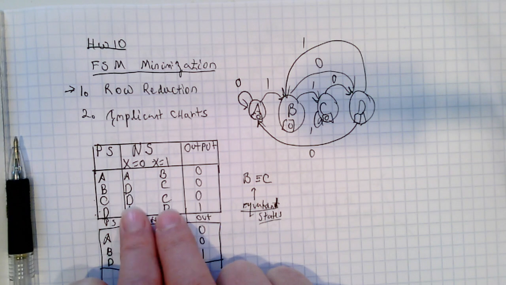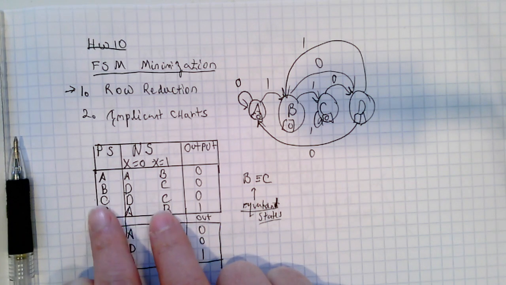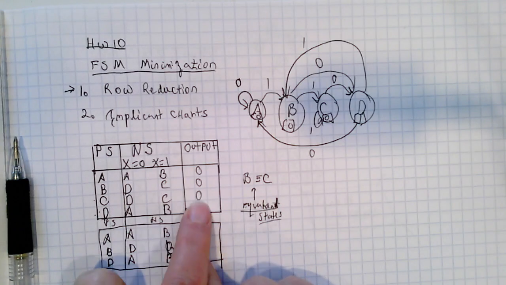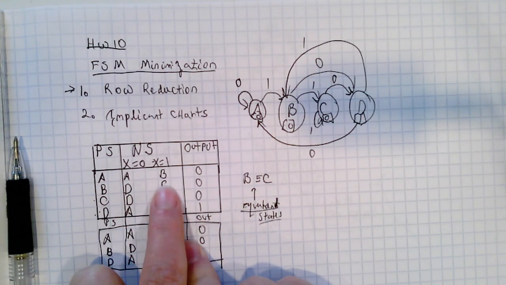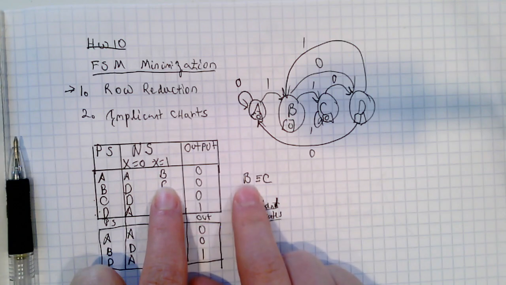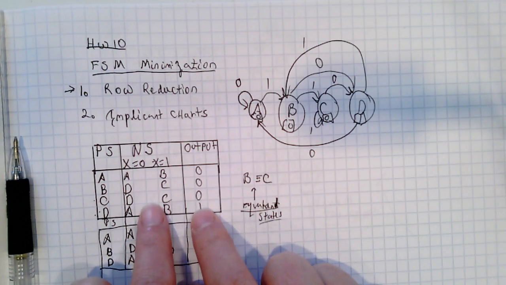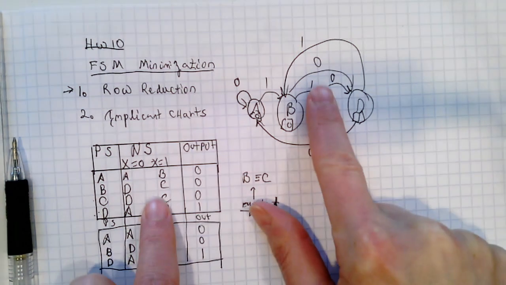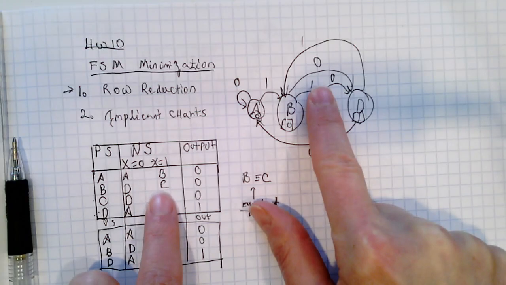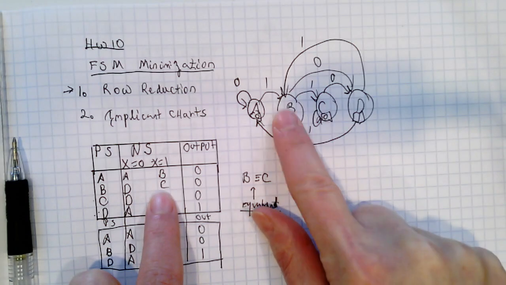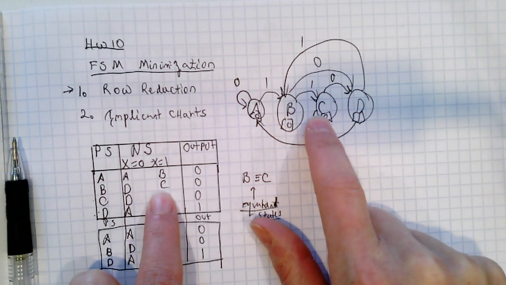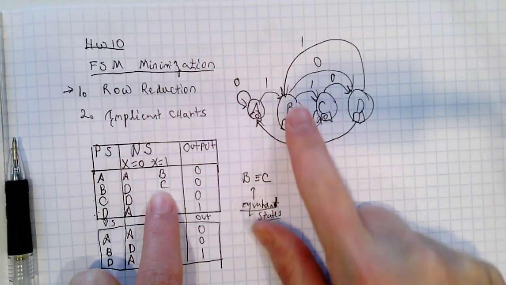Once we have that, then we can remove row C, and everywhere we see a C, like over in here, we can write out B because B is equivalent to C. And so what we've done is we've cut out this part, and now the next state when B gets a 1 is going to be B, not C. Once B transitions back to B, we should get identical behavior.